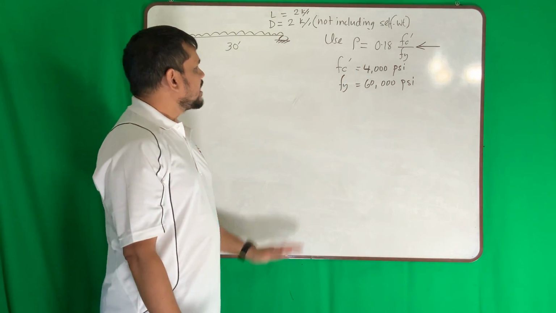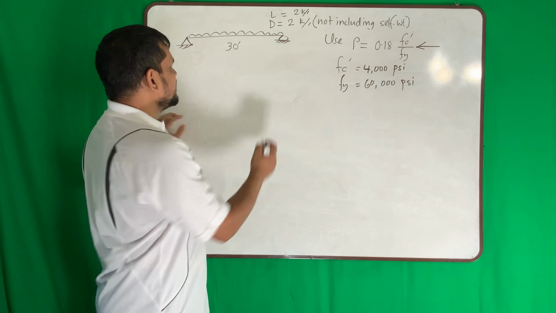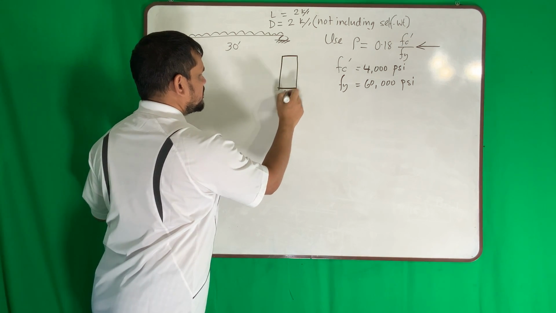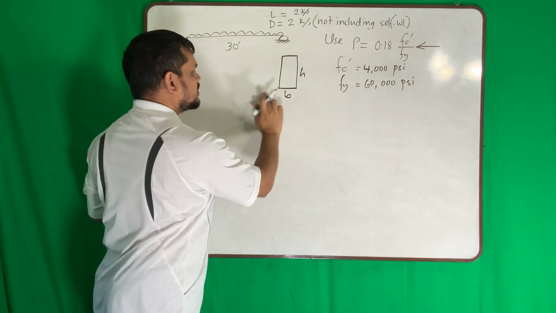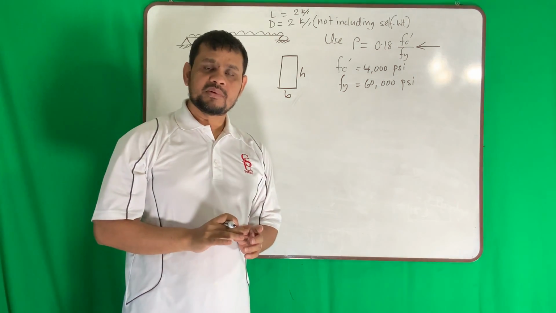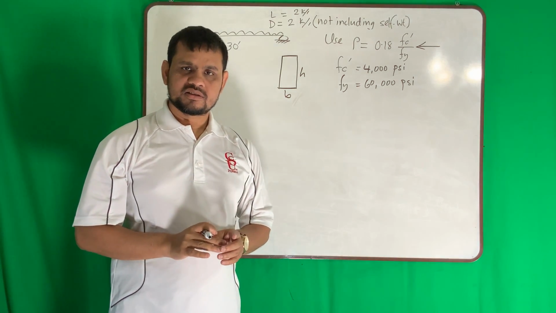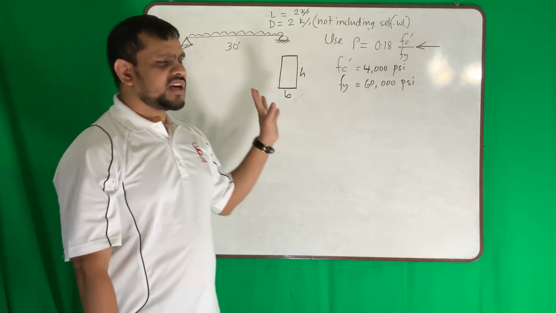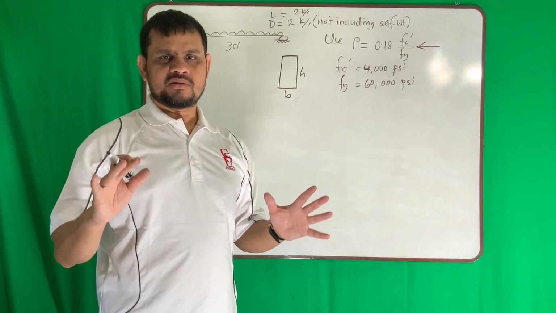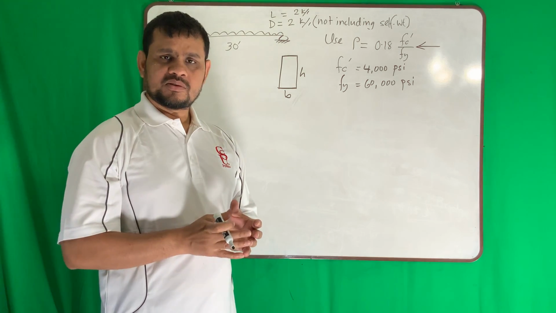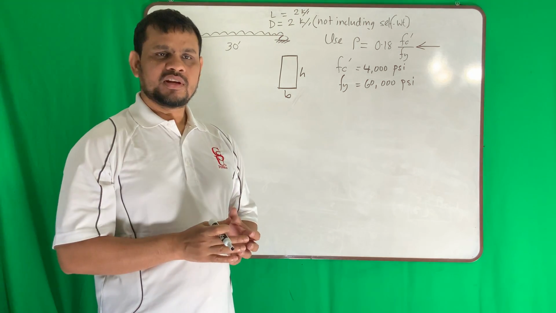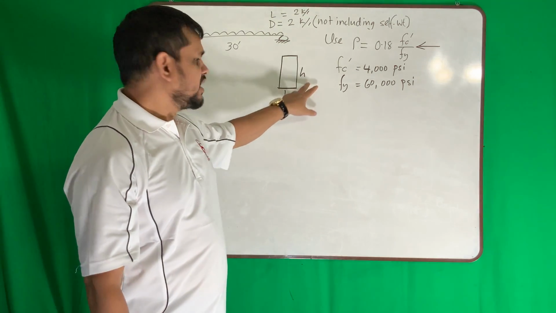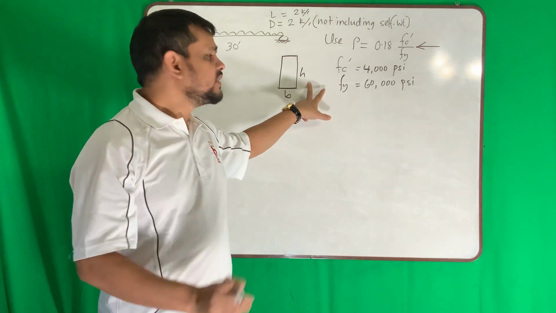Okay. Something else to observe, the beam dimension. The beam dimensions b and h are not given. Sometimes architects will provide this. So there might be so many different scenarios in the field. So there is no unique recipe that you can follow in beam design. Sometimes you may know this, the architect already told you.